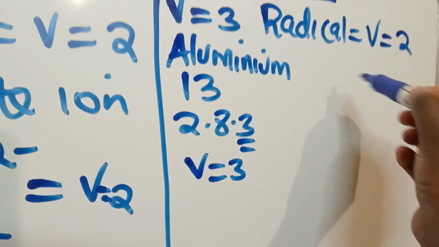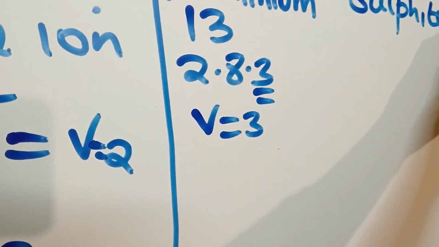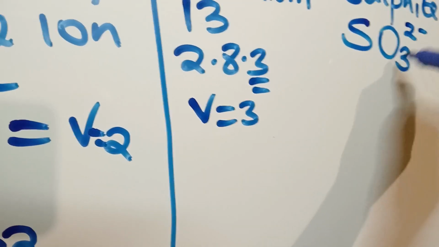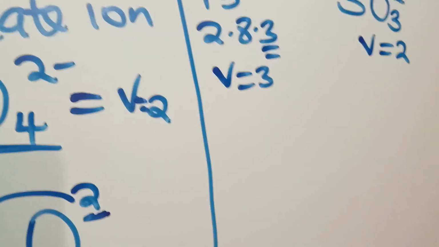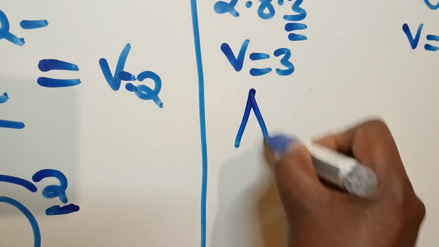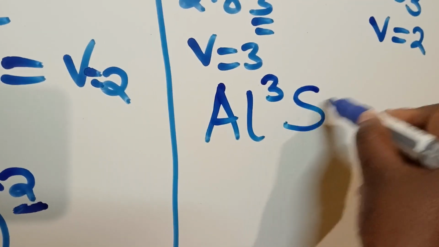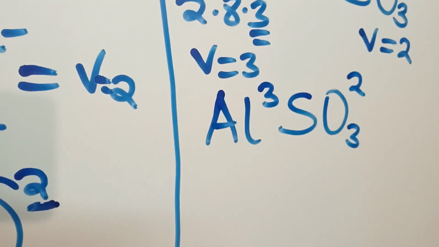A radical with valency 2 is like the sulfite ion, the SO3, 2 negative, again with the valency 2. So from there we have the formula for aluminium with the valency 3 on top, SO3 with the valency 2 on top there.